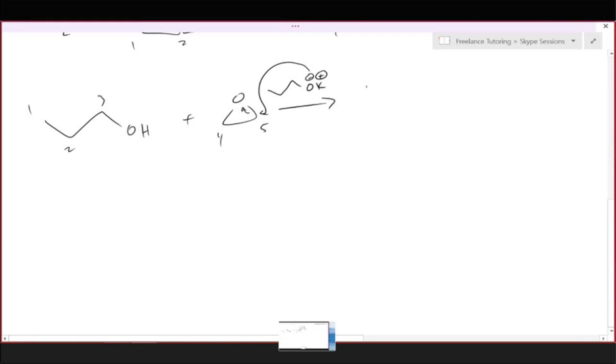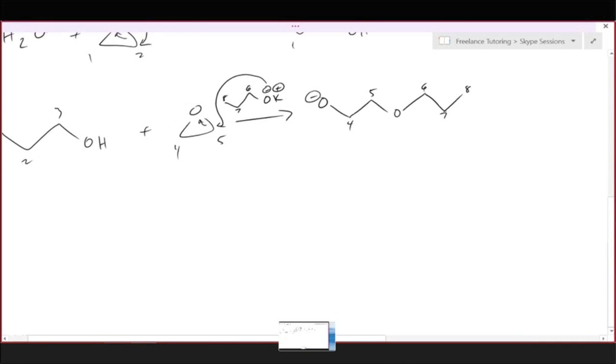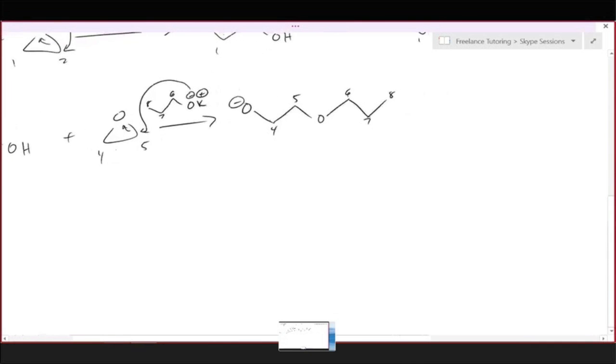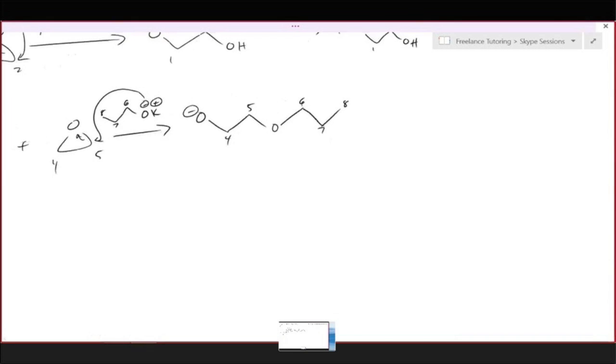And that way we would get our reaction with our epoxide. Since that has a negative charge, it looks like we'd want that to react with the epoxide.